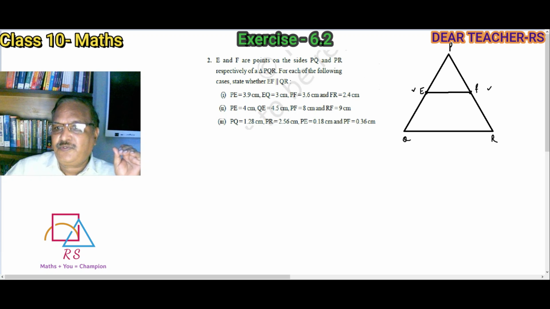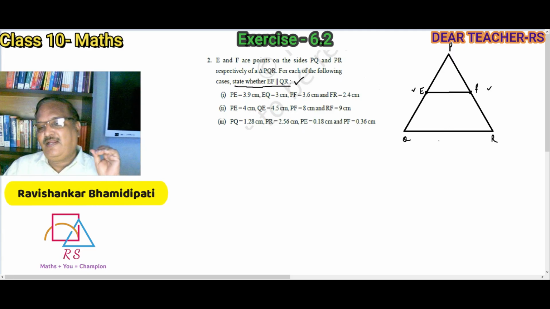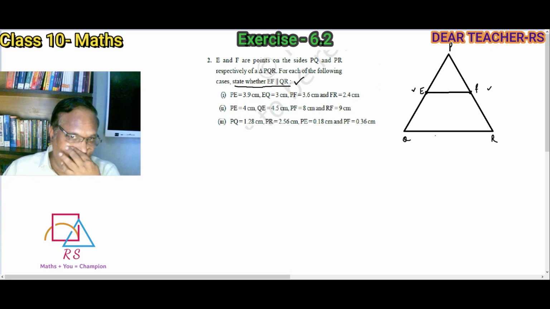You have to state whether EF is parallel to QR or not. This is the converse of the basic proportionality theorem.